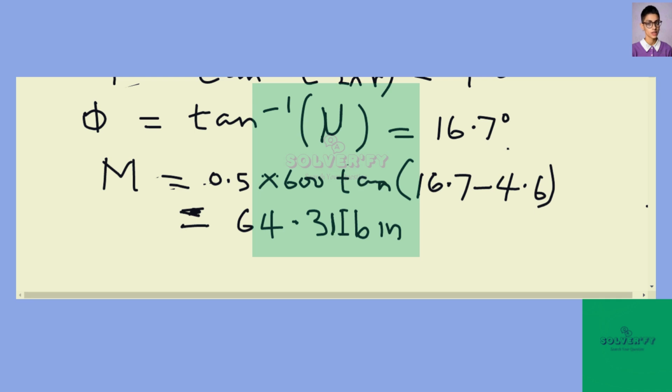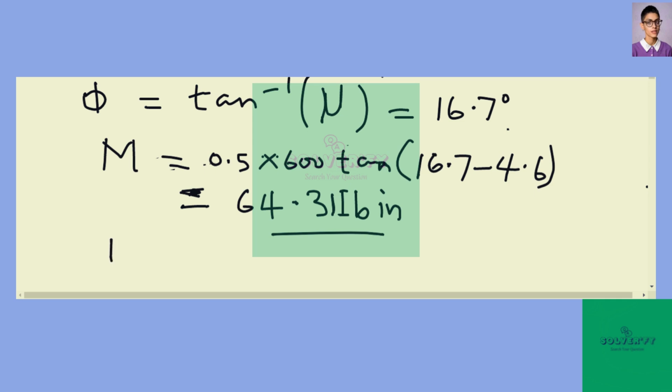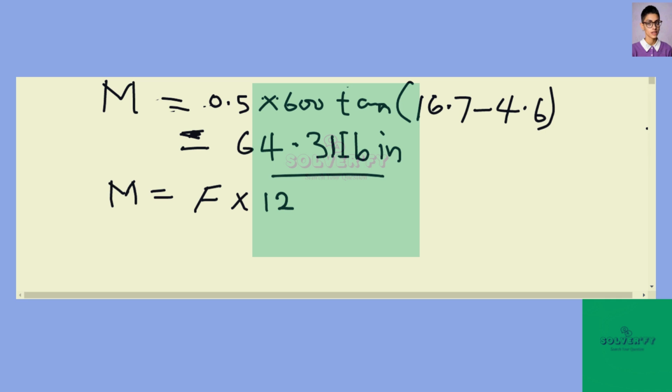Of course, we know that M is equal to the force that we are looking for times the perpendicular distance, and it is given as 12 inches, the distance between the two couple forces.